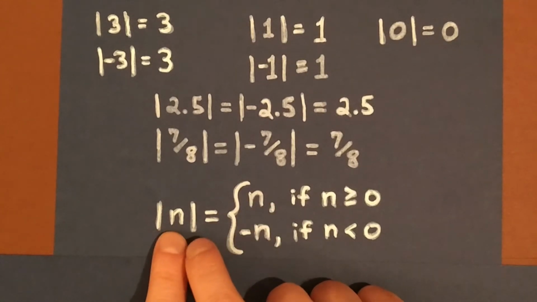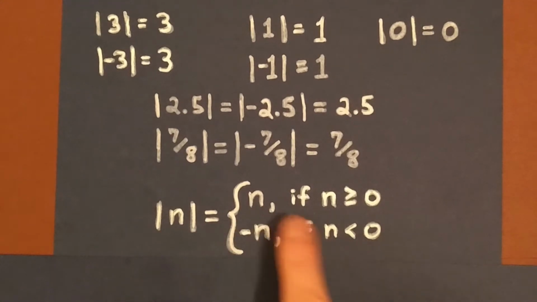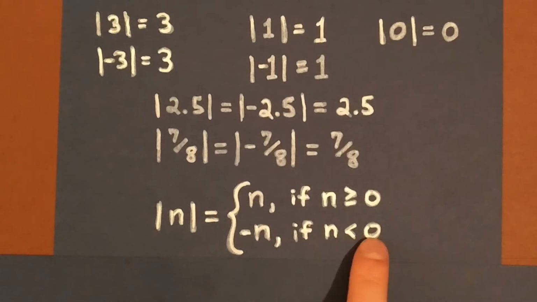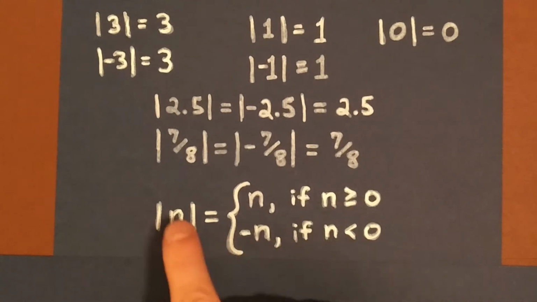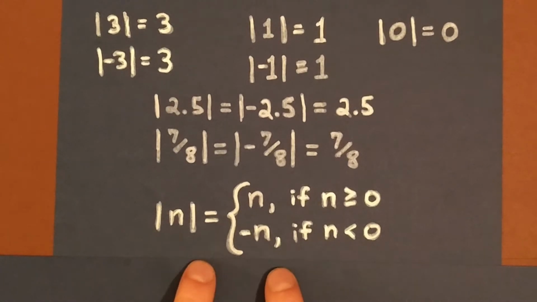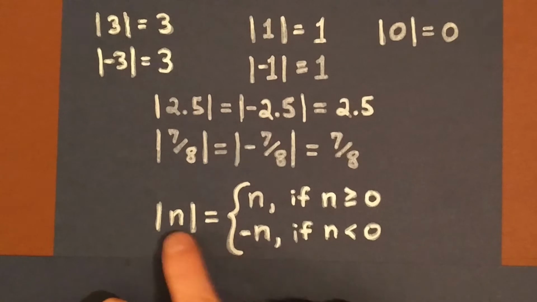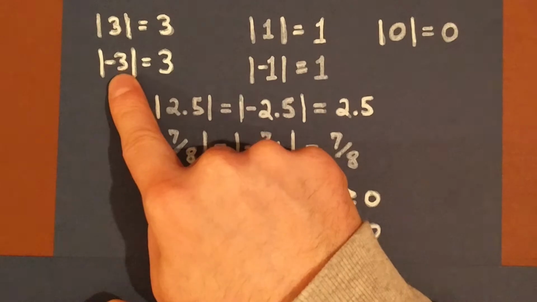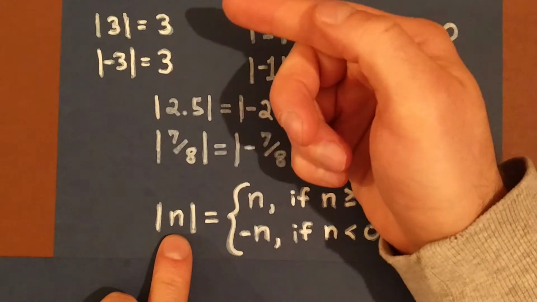When it's 142.7, it's 142.7. But what happens if the number is less than 0 here? If n is less than 0, so if it's negative, then the absolute value of the number is the negative of the number. This might seem a little counterintuitive at first, but what this is saying is that if n is already negative, like with -3, if you're starting with a negative number inside there, then what's the absolute value?